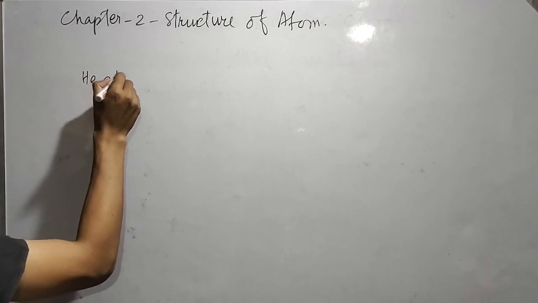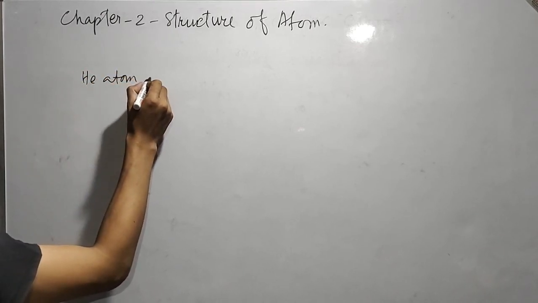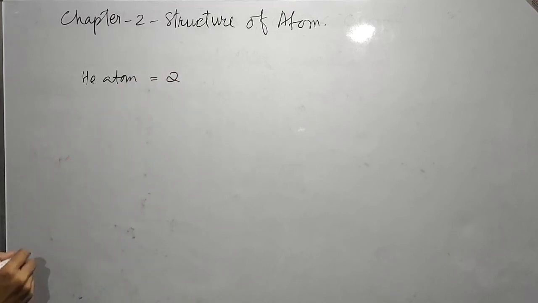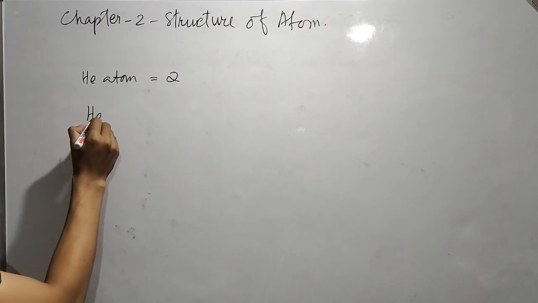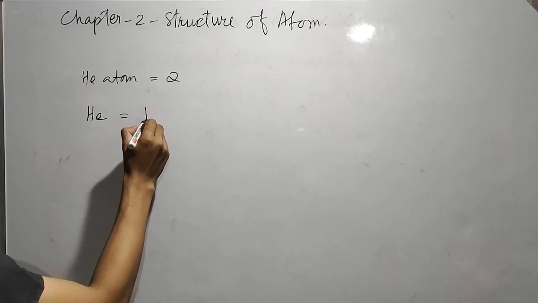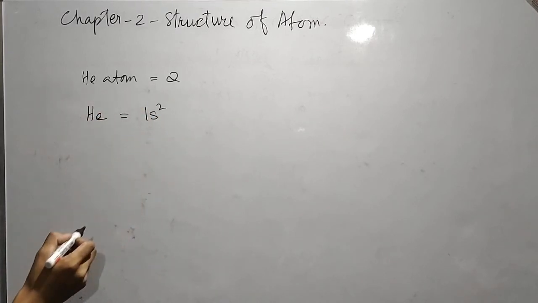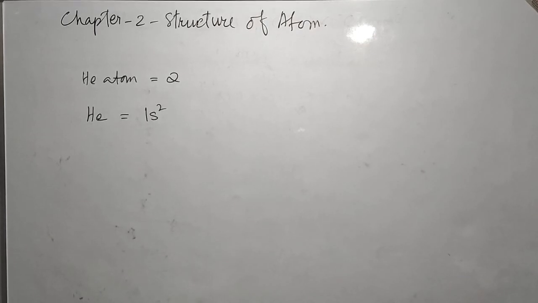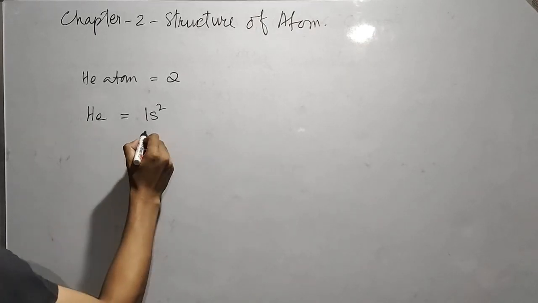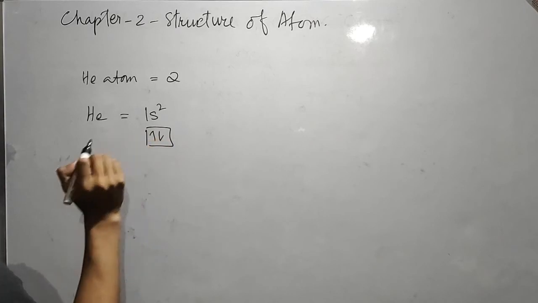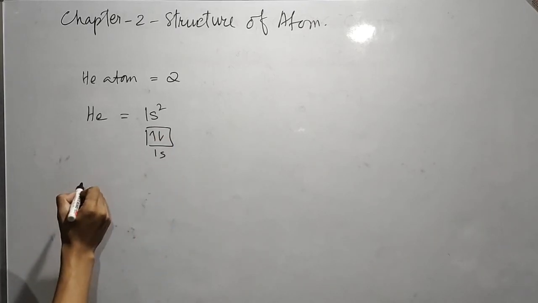Helium's atomic number is 2, therefore the electronic configuration of helium is 1s2. If you want to represent it in the box notation form, it will be like this, and you can write here 1s.